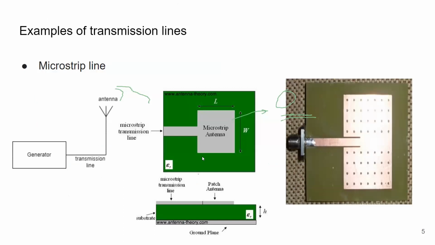Also, we have this figure. We have a certain transmission line here that we denote using this rectangle.